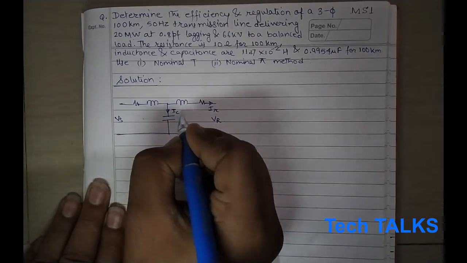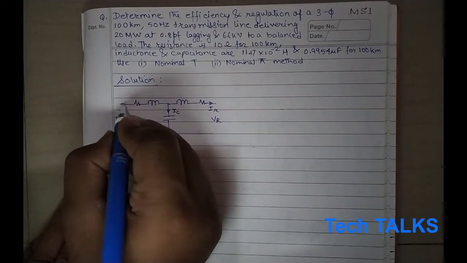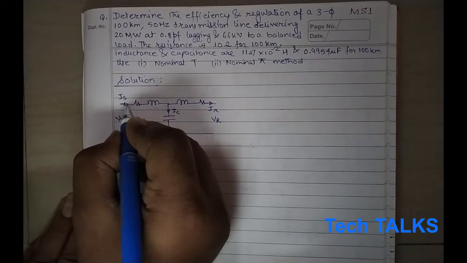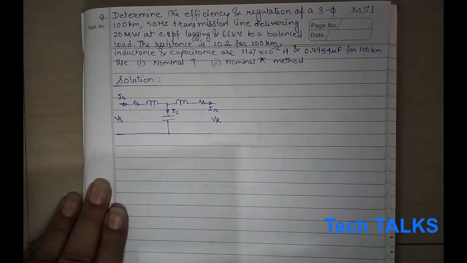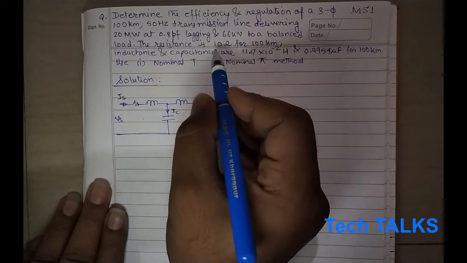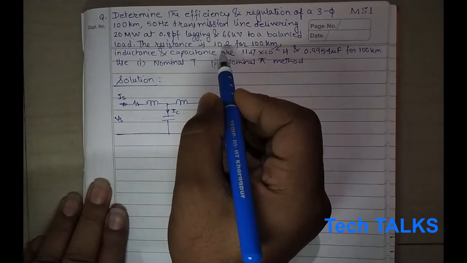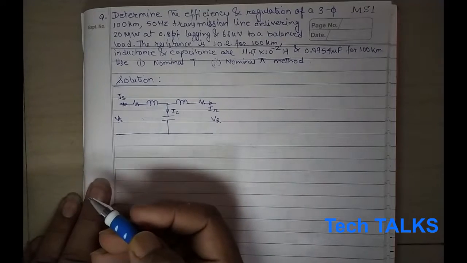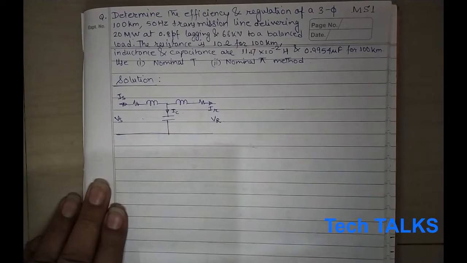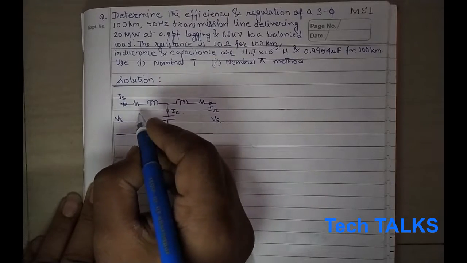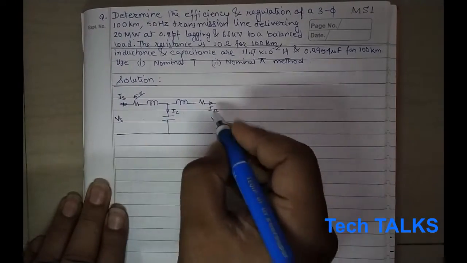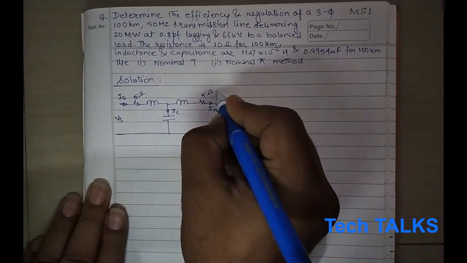This is IC, the capacitor current. This is IS, the sending end current. Now the resistance is 10 ohm, which will be divided into 5 ohm and 5 ohm. This is 5 ohm and this is 5 ohm.